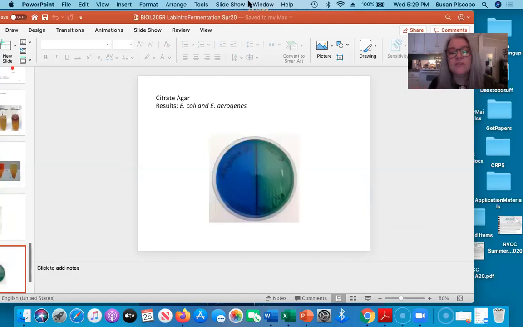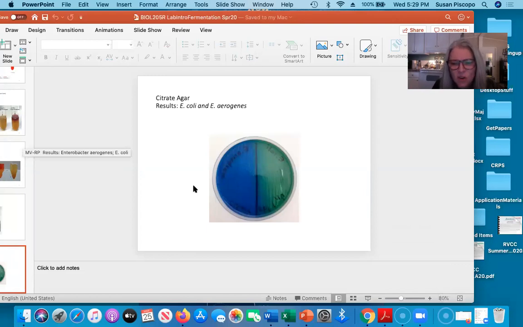All right, let's look at our results. Again, on this plate, we grew E. coli on one side, and we grew Enterobacter aerogenes on the other side. And these are our results. And it really does look like this, you guys. You really do get these amazing colors on this test.